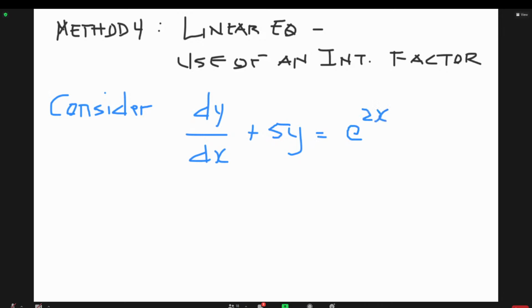Okay, so trying to separate variables or substituting y is equal to vx is not going to help us. So therefore, we introduce this new method.